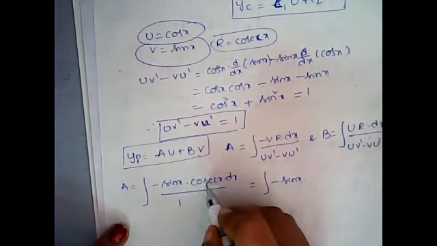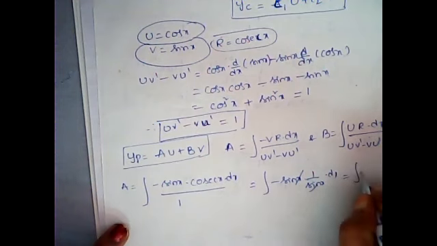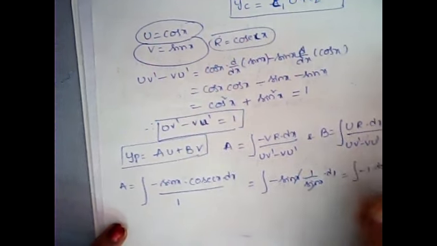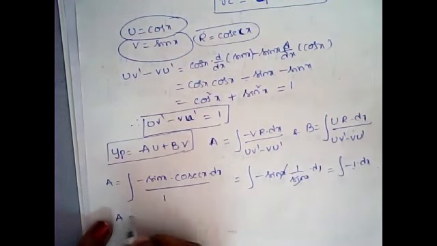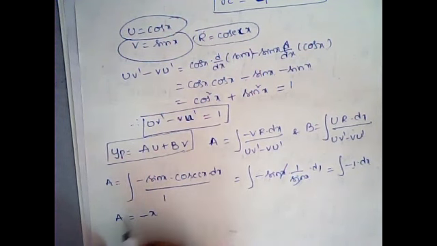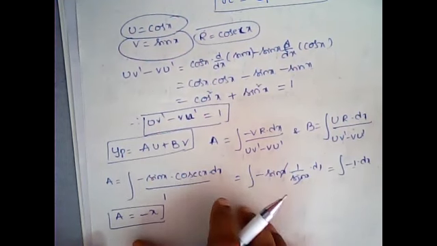So I can write this cosecant x as 1 by sin x into dx, so sin will get cancelled. So integration of minus 1 into dx. What is the integration of minus 1 into dx? I will get a is equal to minus x plus c. I will go with only minus x. So a is equal to minus x, which I got.